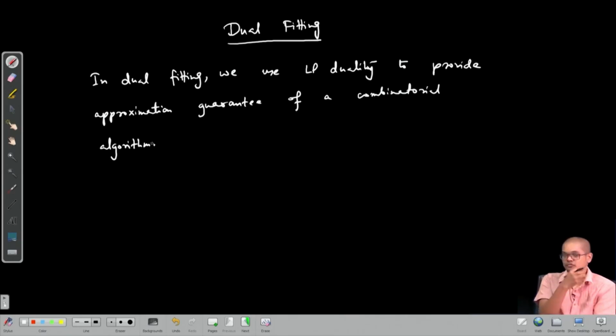So we use a linear program not to directly solve it, we use it to analyze it. We are not solving linear programs. So this falls under the second approach of using linear programs for approximation algorithm design.